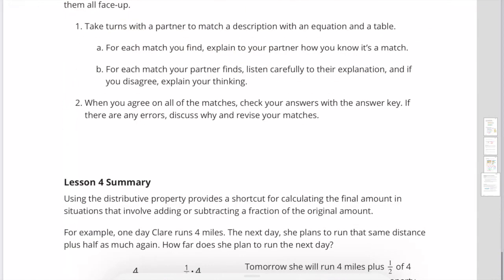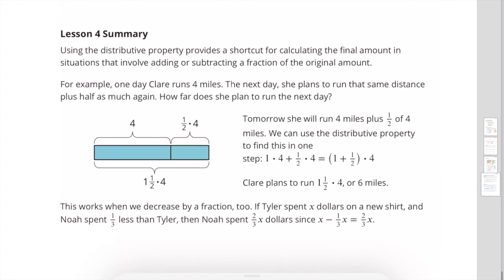And you're not doing the card sort. So in lesson 4 summary, it's just we're using the distributive property. And if you remember distributive property, that's where you have, for example, 3 times 2 plus 4. That's where you distribute it to each thing.